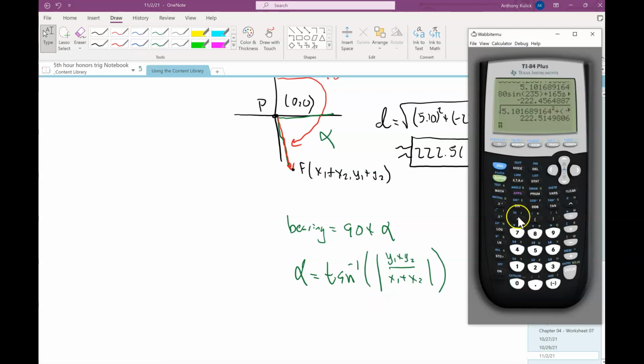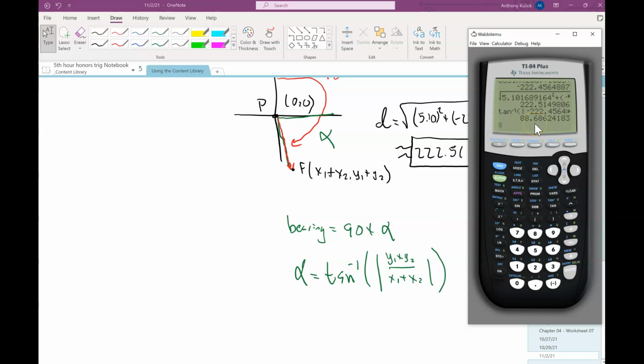So I'm going to do tan inverse, and this time I am going to use the absolute value in my calculator, only because I'm just going to steal the numbers here. So this is my y divided by my x. Since I couldn't do the absolute value part in my head because I was taking the whole number from the calculator.